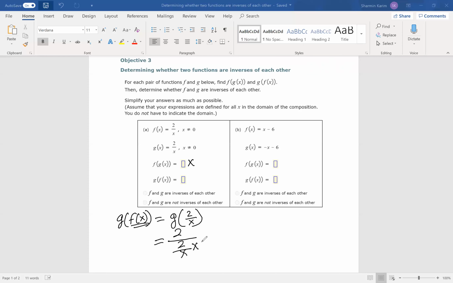Same thing, we will multiply x in numerator and denominator, so they will cancel each other. So we have 2x over 2, then 2 will cancel each other, so we end up with x on this one also. So g of f of x is also x, therefore f and g are inverse to each other.